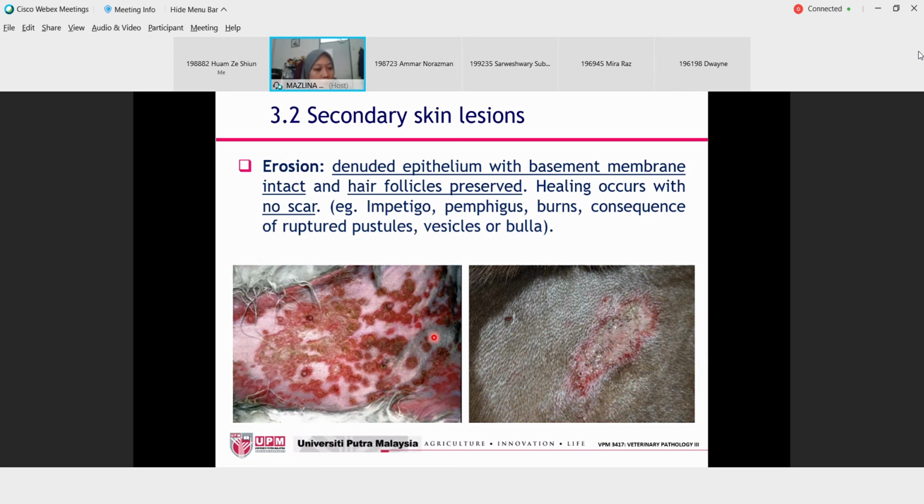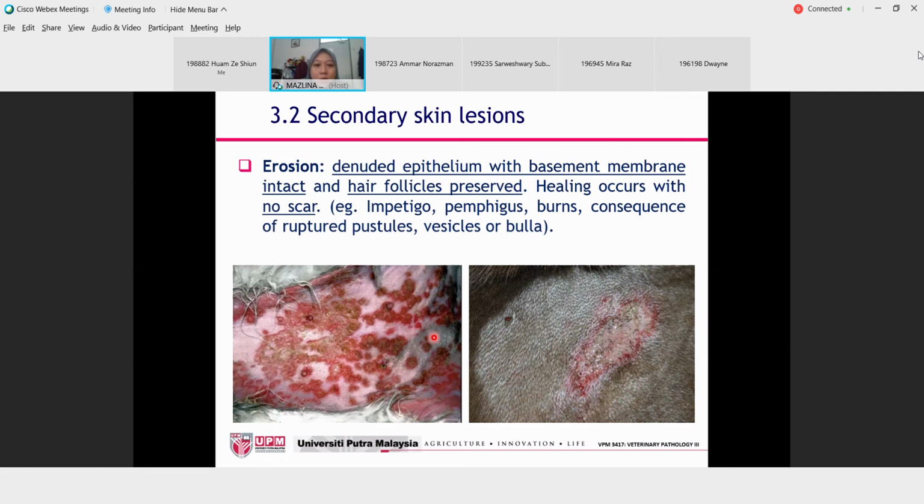There are a few types of burn. This is like the superficial burns, that don't involve the basement membrane. And also consequences of a ruptured pustule, like acne. If you pop the acne, it can become erosion. So if the acne is very small, and even a ruptured vesicle or bulla will also cause erosion.